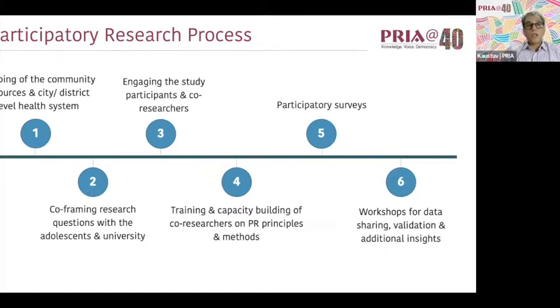As I mentioned, a lot of university students were engaged in the research process, and that was a deliberate choice we made in order to accelerate university engagement. But they were trained in conventional research methods, while we were bringing participatory research principles and methods.